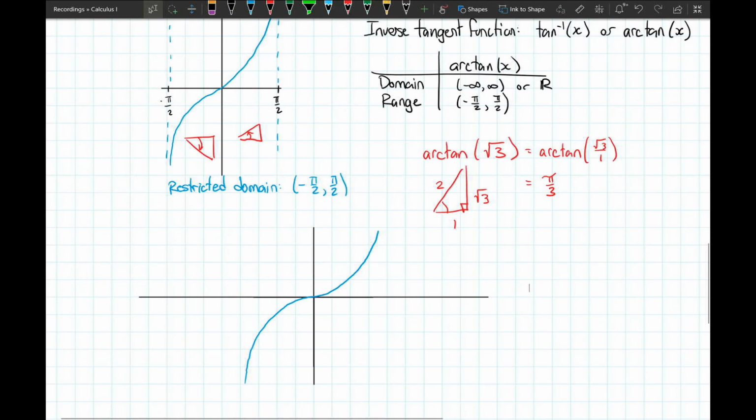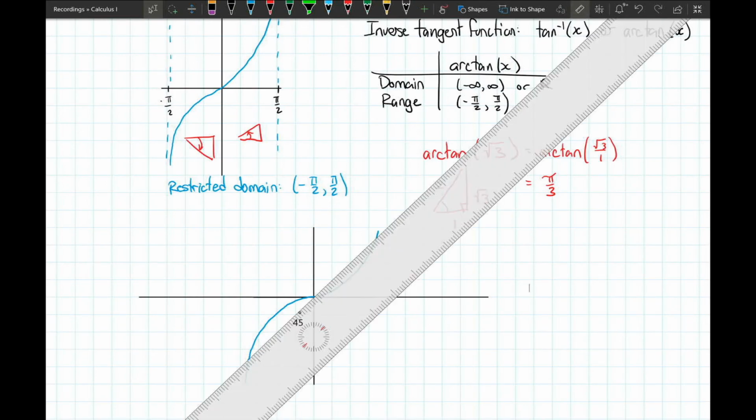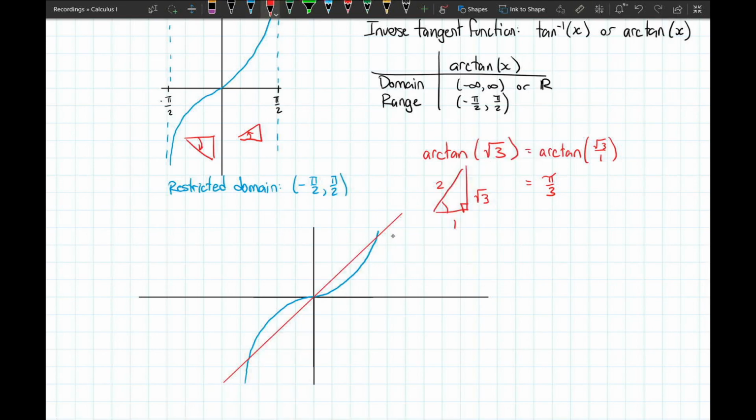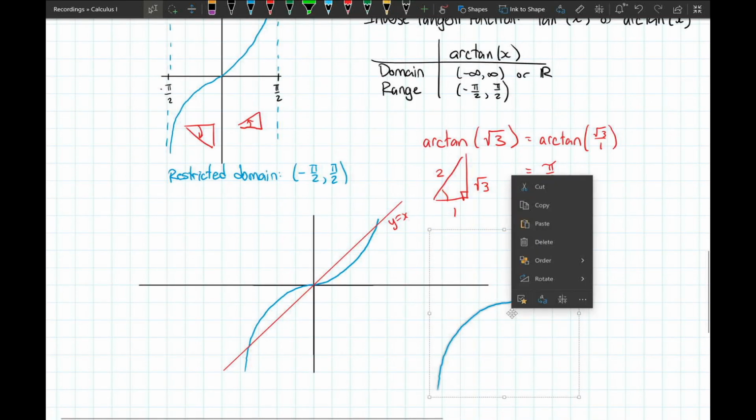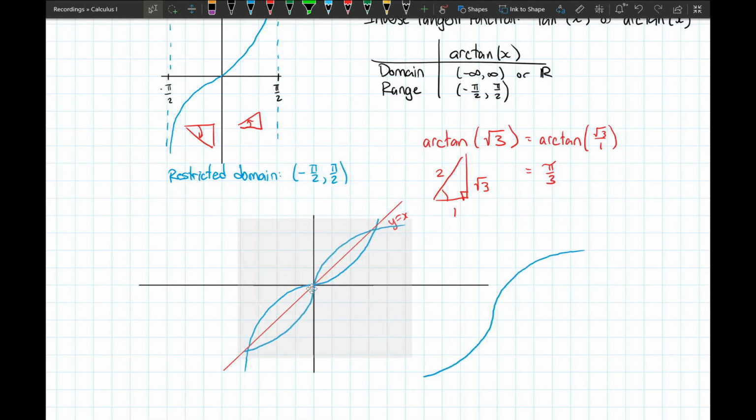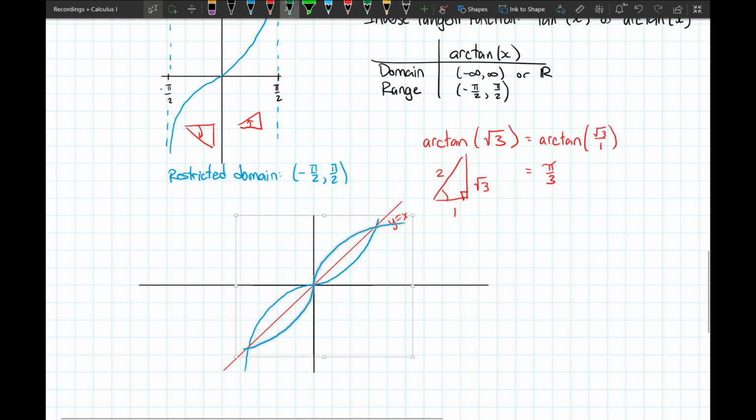If we take the graph of tangent and then we try to slap on the line y = x here at 45 degrees, or a slope of 1, then we can try to take the mirror image of it over that line. Of course, because I'm using a computer, I'm going to cheat, and I'm going to start flipping this thing. And after we flip it, we end up with this green graph.